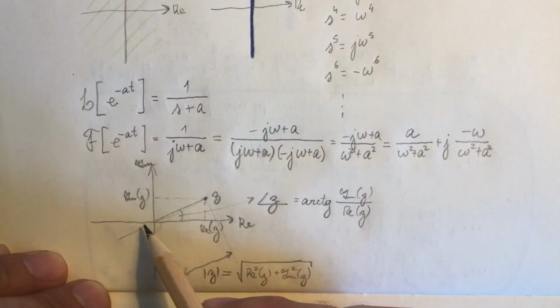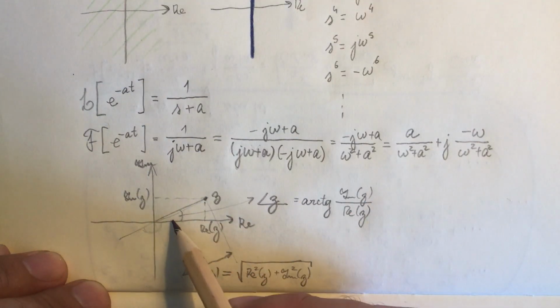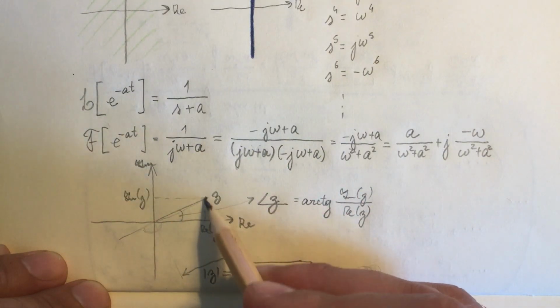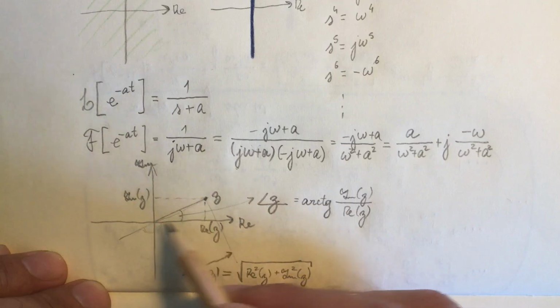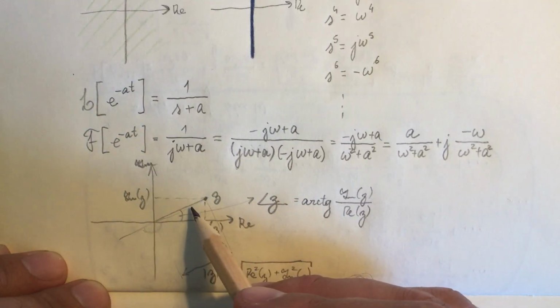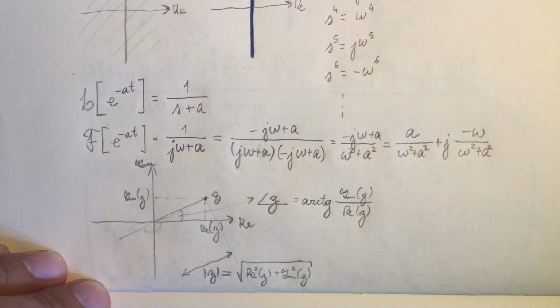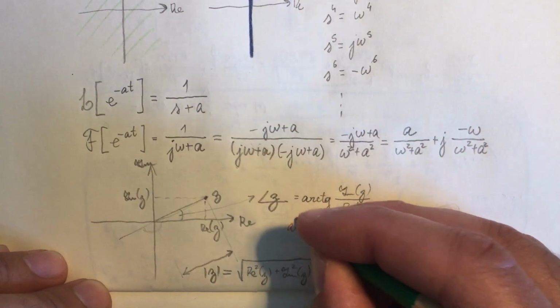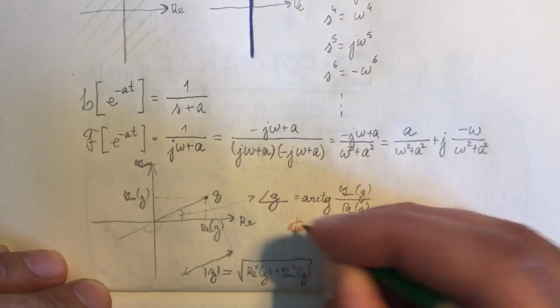In any case, an angle given for the whole range of values of the circle. And we can know that angle because we know both the sign of the real and the imaginary part, so we can know in which quadrant we are. This corresponds, by the way, in most programming languages to a function called atan2.